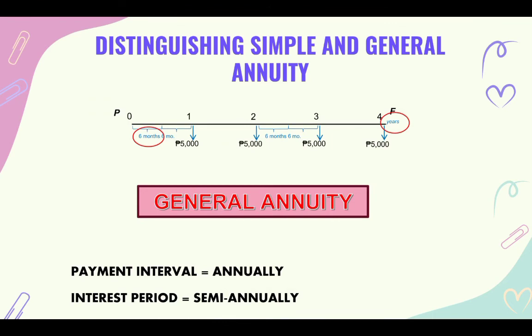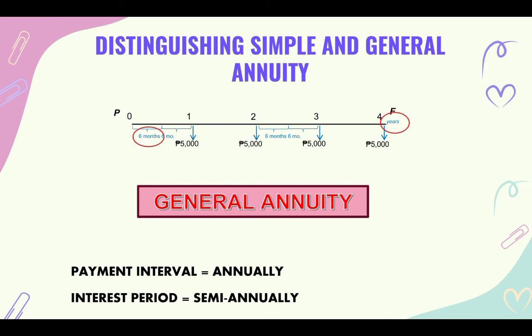This illustration is a general annuity because, as you can see on the encircled parts, the 2, 6 months and years, are not the same. The payment interval is annually, and the interest period is semi-annually, every 6 months.